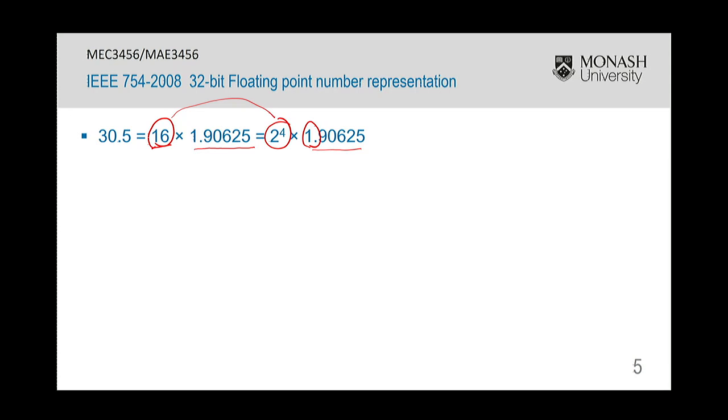What we now need to do is represent .90625 as a binary mantissa. If you go through this, it's not that hard to do.